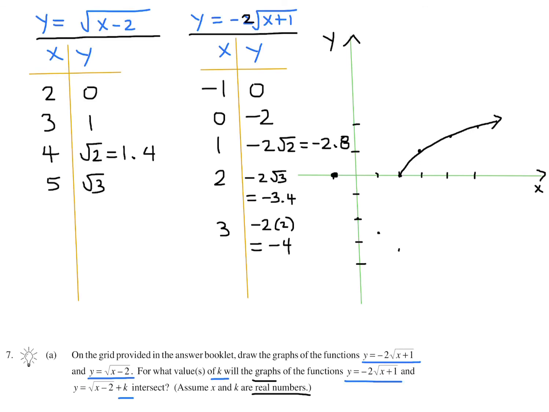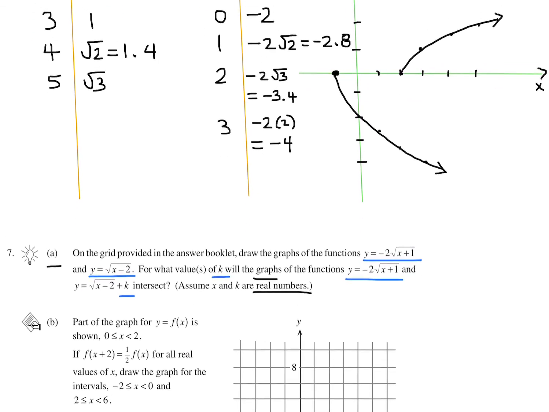And finally, when x is 3, we have minus 4: 1, 2, 3, 4, so right here. So this is how this graph looks, like that. And that's all I believe they're asking for in this first part, 7a.